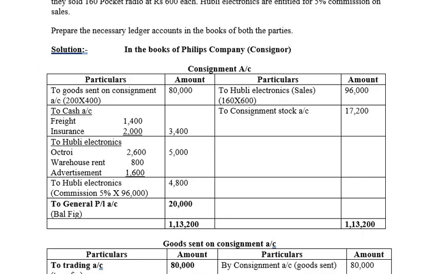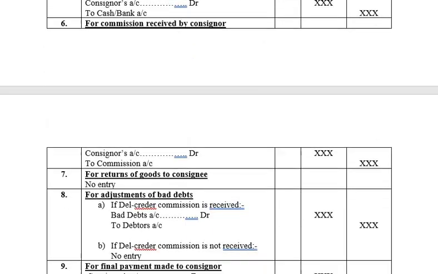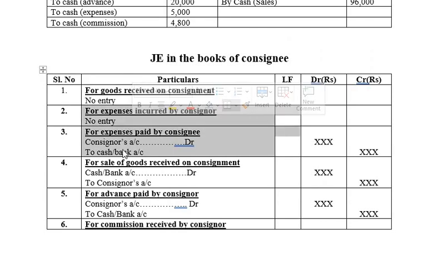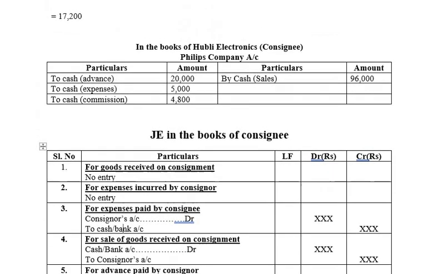So what is the journal entry to be passed in case of consignee's account? For expenses paid by the consignee, in the books of consignee, consignor's account debit to cash or bank account, to cash expenses, which is 5,000 rupees.